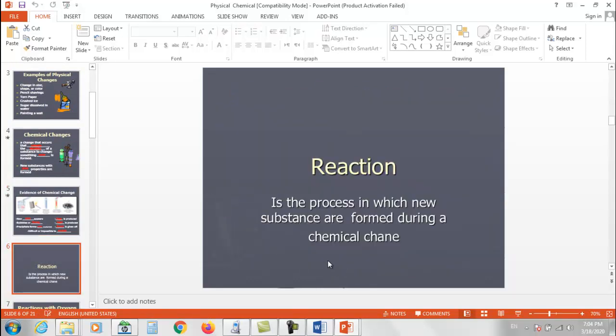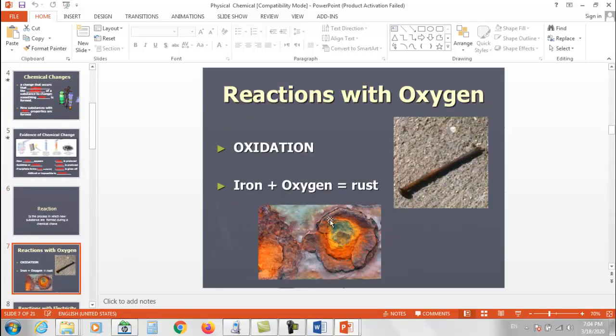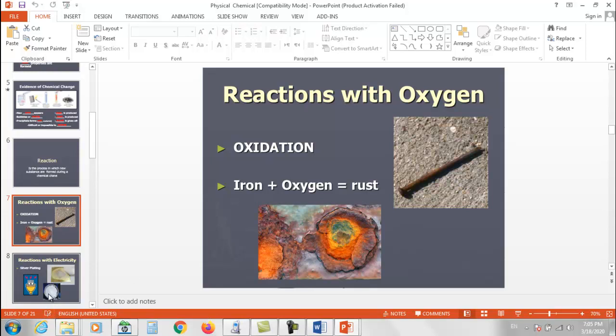Reactions. When a reaction is happening, it is a chemical change. Why? Because reactions produce a new material, like oxidation. When iron reacts with oxygen, it forms rust. Did you see? This is rusting, which forms on metals like iron. So the rust is a new material.